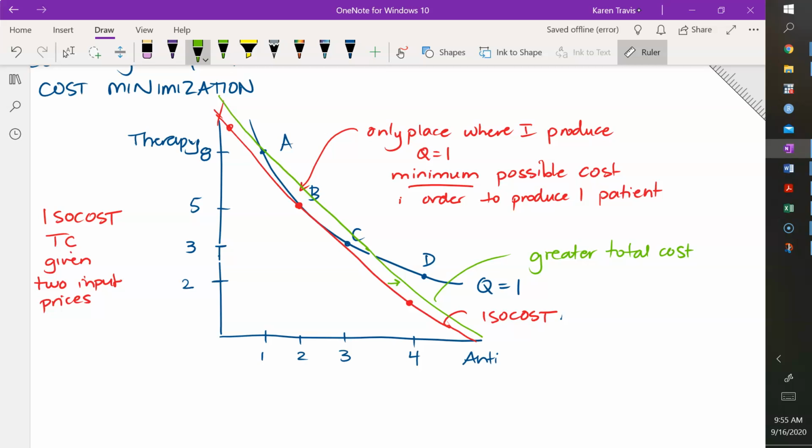Therefore, the only cost minimizing point with this kind of scenario is point B.